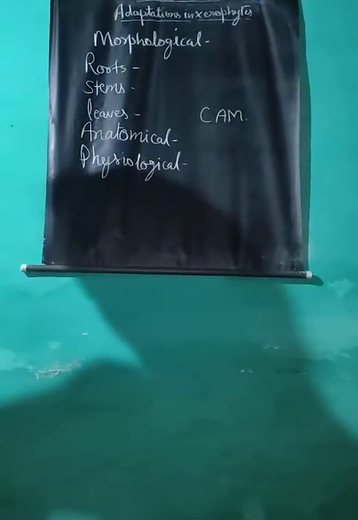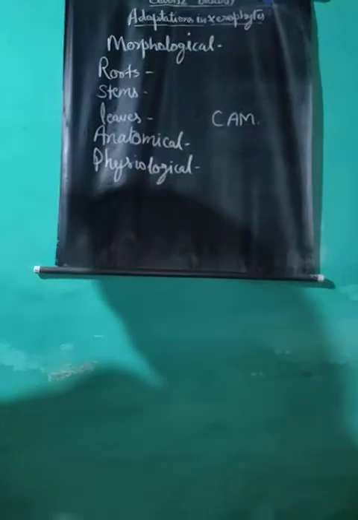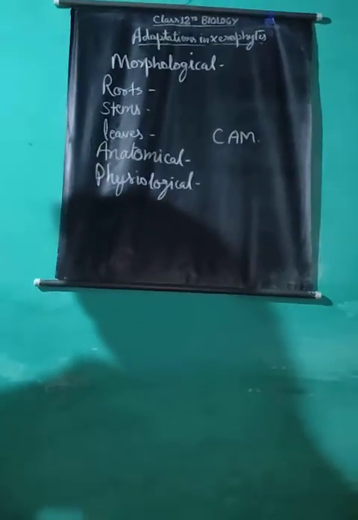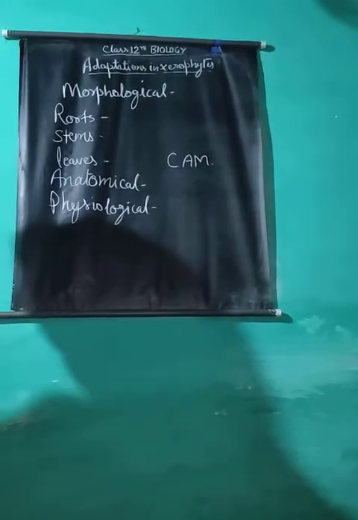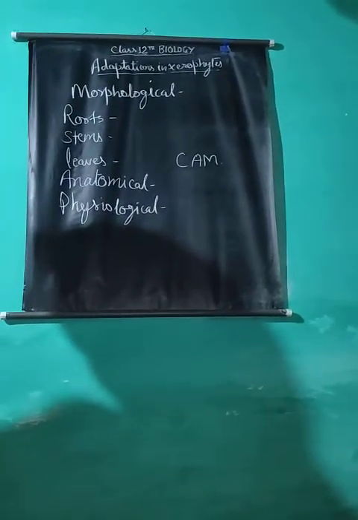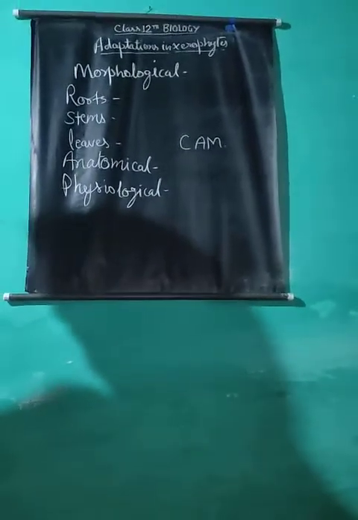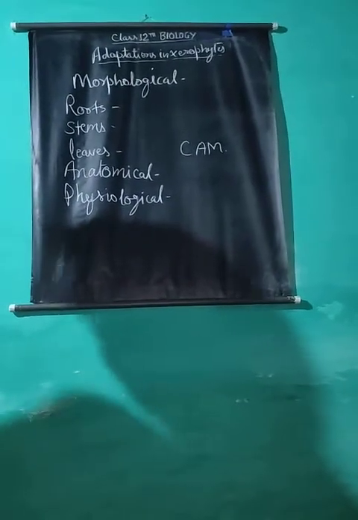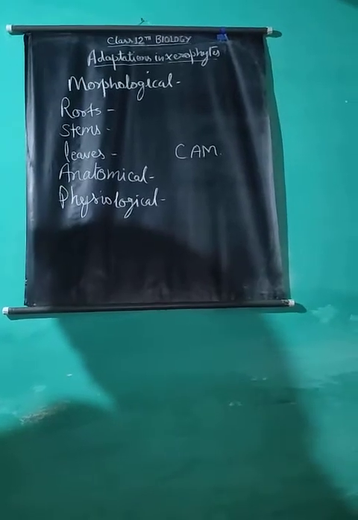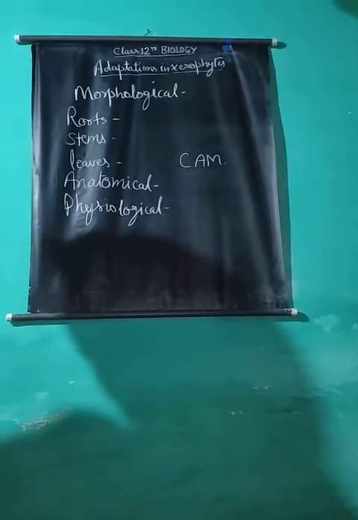In CAM plants or succulents, the osmotic concentration in guard cells increases at night and decreases in light, so that their stomata open at night and remain closed during daytime. This unusual stomatal mechanism protects the plant from water loss during daytime.